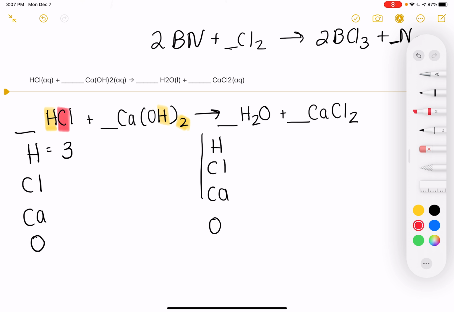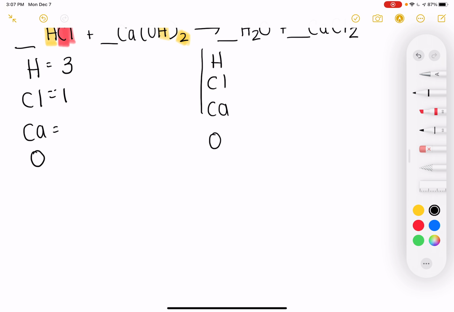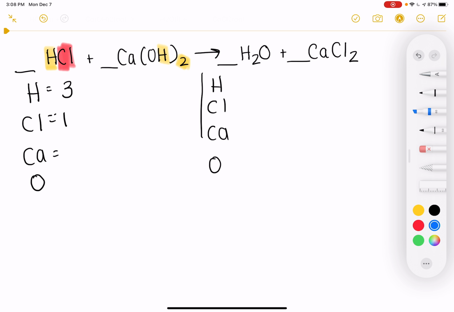Moving on to Cl's, we got 1 there, and that's it. There's no numbers below or above, so it's just 1. For Ca, again, same thing. We've only got Ca right here. There's no numbers in front or below. This 2 is only going to the stuff in the brackets.